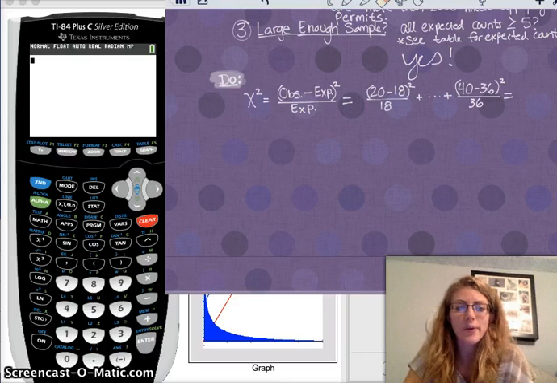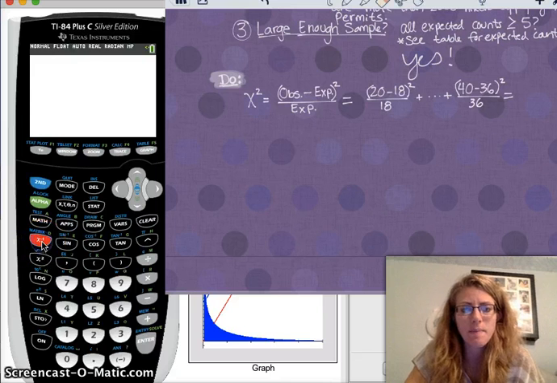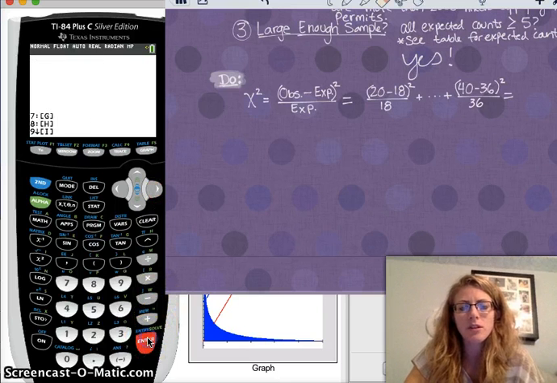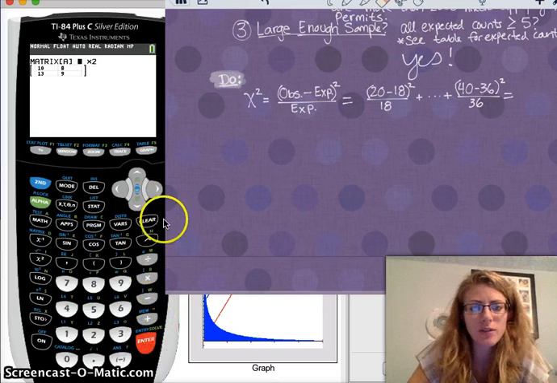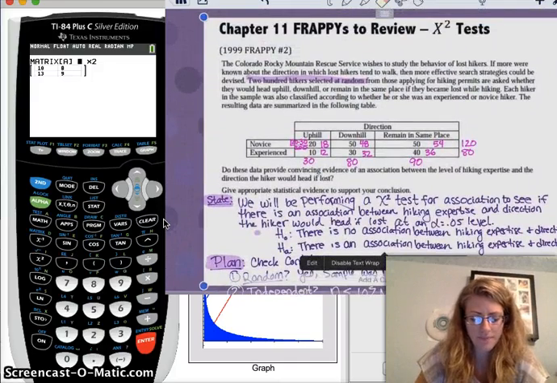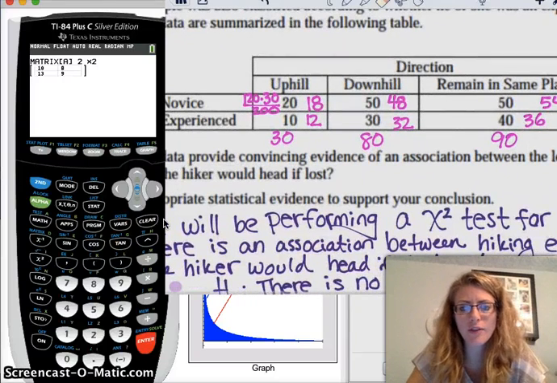Okay, so we're going to have to plug all this into matrices. So we go to second matrix, and we want to edit one of our matrices. So let's make our observed values in matrix A, and now I have to go back up to my table, and I have a 2 by 3 matrix.